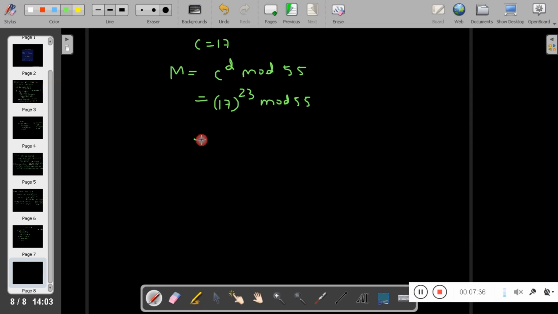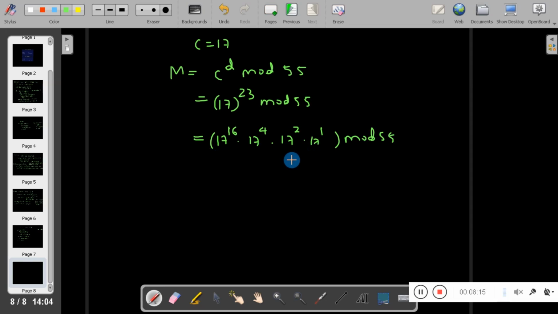So better you write 17 raised to the power 23 as 17^16 into 17^4 into 17^2 into 17^1 mod of 55. First we need to find 17^16, 17^4, 17^2 and 17^1.